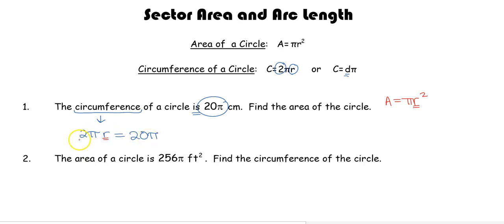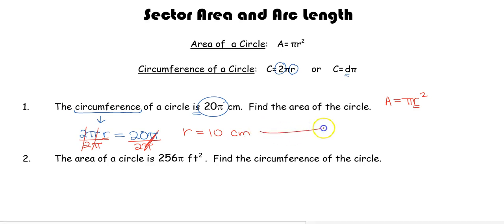I can find the radius by isolating, so I'm going to divide by 2 pi. 2 divided by 2 cancels, pi divided by pi cancels. 20 divided by 2 is 10. So if my circumference was 20 pi, that only came from a radius of 10 centimeters.